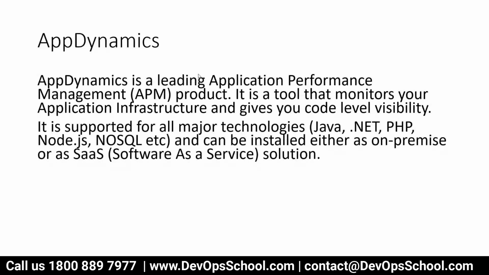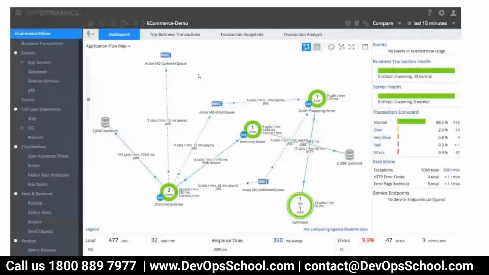Look at this. This is one of the visualizations of AppDynamics, and I think it's a little old, but you can still make it out here. You can see which services you have and which services are talking to which other services.